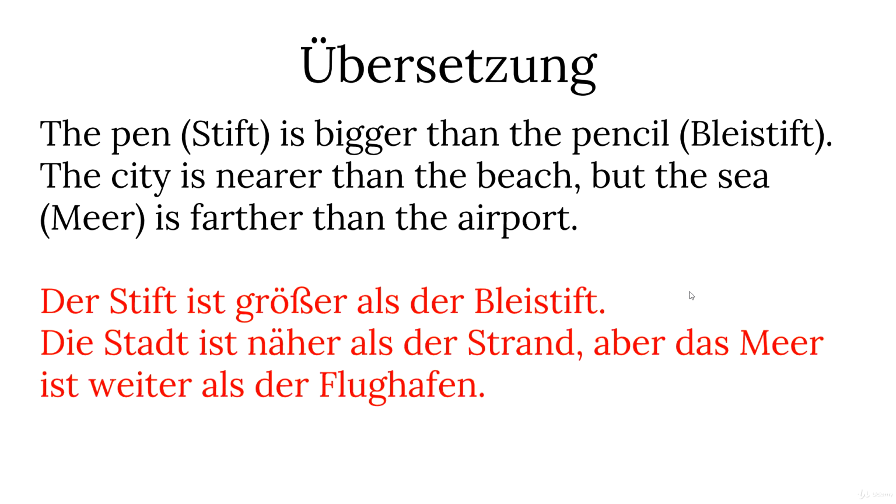Near ist nahe and nearer is näher. And then you add als. Aber das Meer ist weiter als der Flughafen. Farther is weiter. See, it's not that complicated once you get used to it.